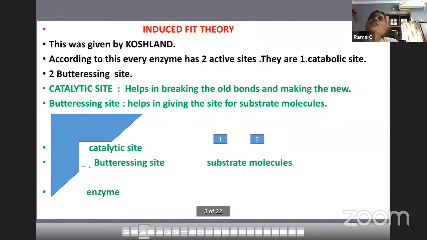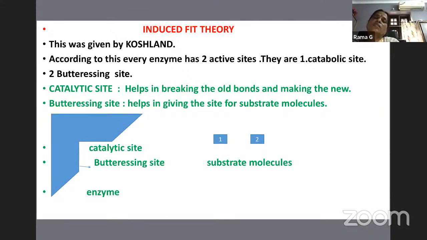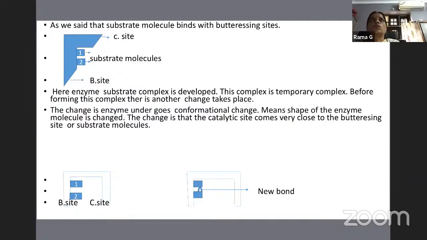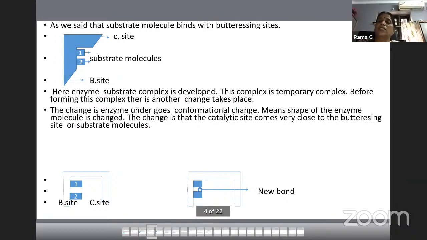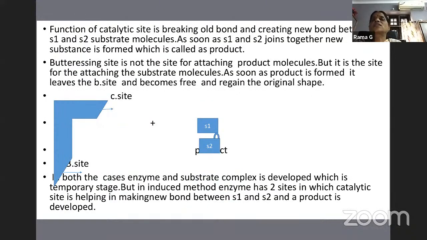In induced fit theory also, the enzyme has its shape in this way, and these are the substrate molecules, and they join together giving a complex, and then it dissociates. That means by undergoing changes, they give new things, and the new things are dissociated from the enzyme, and they give the products also.